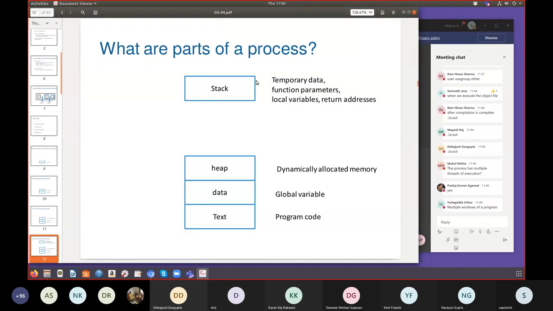Then there is another portion called stack, which is meant for storage of temporary data, function parameters, etc. So I think from your compiler knowledge, etc., you know that when you call a function, something is pushed onto the stack. Okay? So the arguments of that function, etc., they are possibly pushed onto the stack. So the stack is for those temporary data requirements, local variables, return addresses, etc. Right?